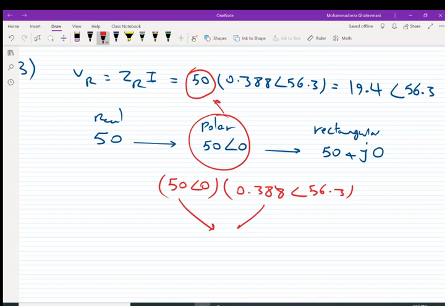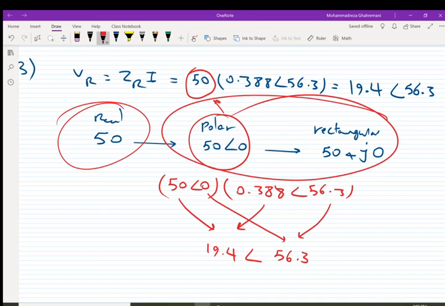I multiply the magnitudes, and I add the phases, which is negative 56.3. So in order to combine any real number with complex numbers, just consider the real number in one of these two forms.